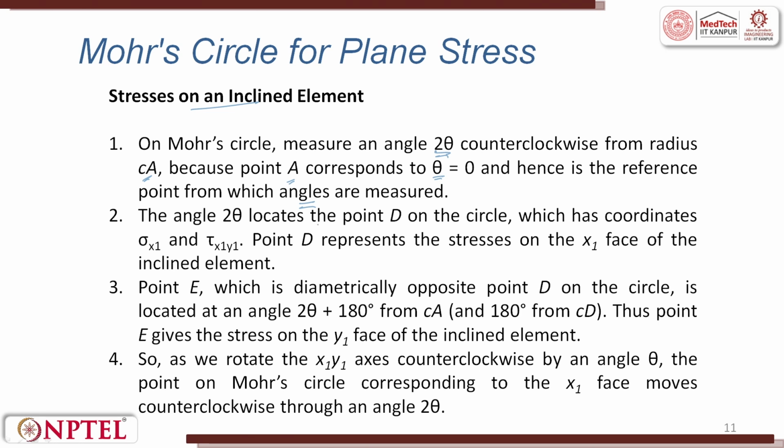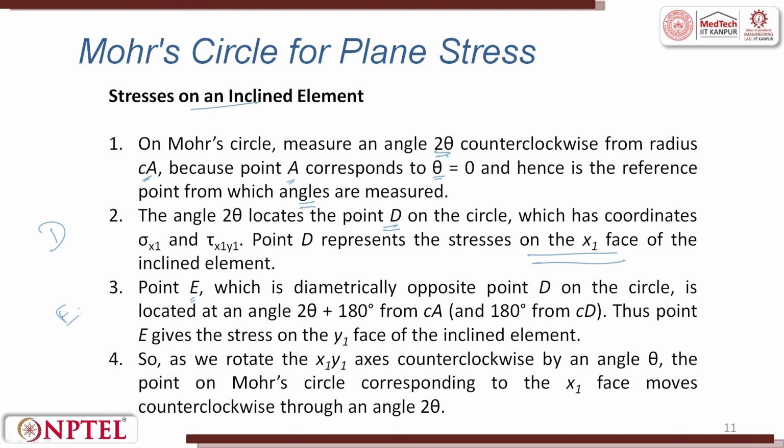The angle 2 theta locates the point D on the circle, which has coordinates sigma x1, tau x1 y1. The point D represents the stress on the x1 face of the inclined plane. We try to have a point E. So, we are introducing a D point, we are introducing an E point.